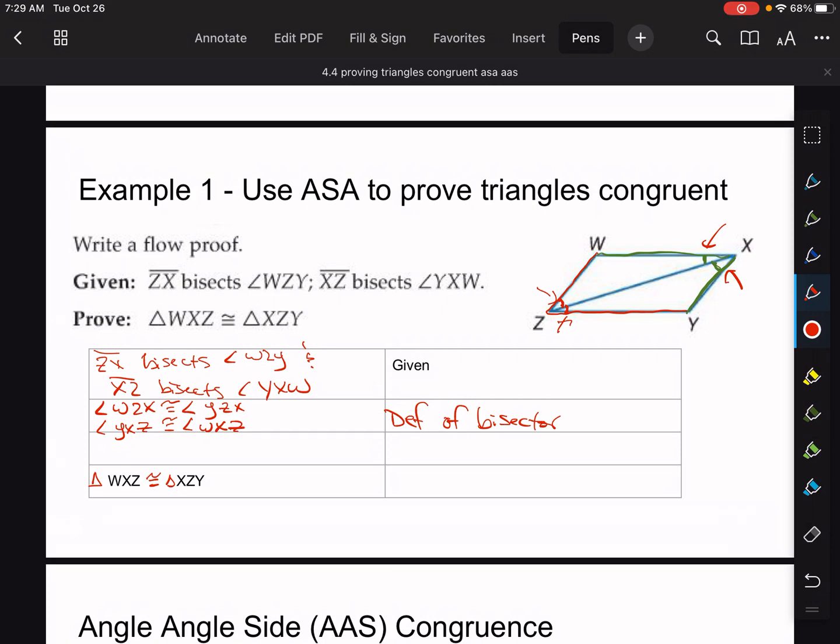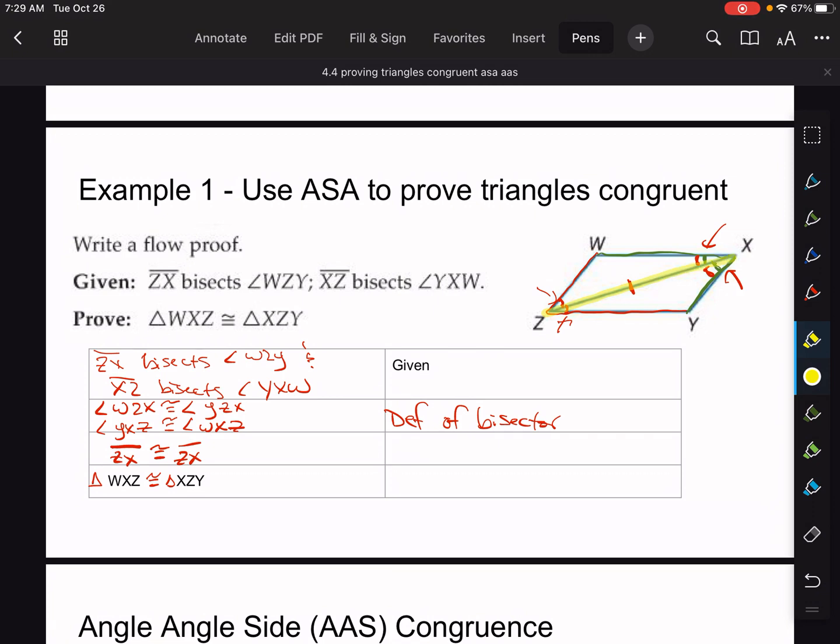And now what I need, if I'm going to use ASA, is I need to know the side length in between those angles. So here we'll use 2 marks on this one, one mark on the other. The side that's in between would be this side right here. I need to prove that that's congruent. So to do that, I'm just going to say side ZX is congruent to side ZX. And since it's the same exact line that we're talking about, which again, in yellow, is this line right here, right?